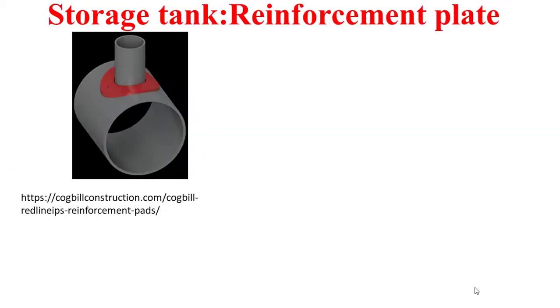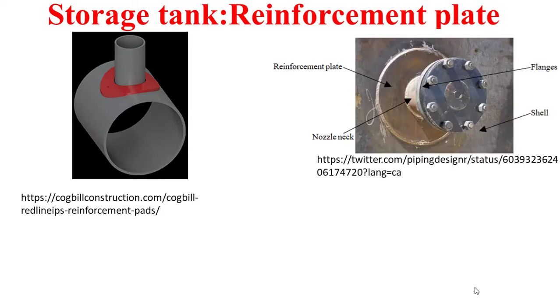Now the figure that you see depicts how the reinforcement plate, highlighted here in red, is installed around the nozzle carried out on an opening, obviously. The picture at the right is a real picture which indicates how the reinforcement plate is welded on the shell around an opening, and on this opening we have a nozzle neck and a flange.